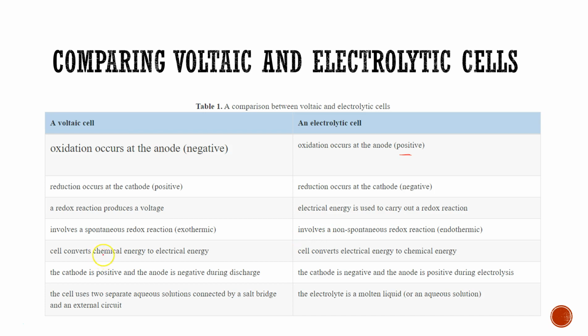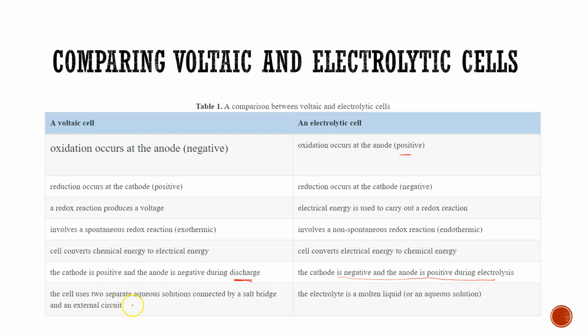So we have chemical potential energy being converted into electrical energy, and then we have electrical energy being converted into chemical energy in the electrolytic cell. Okay, discharge is when the cell is producing electricity, and therefore we have cathode being positive, anode being negative. During electrolysis, the battery is determining the polarity of the electrode.